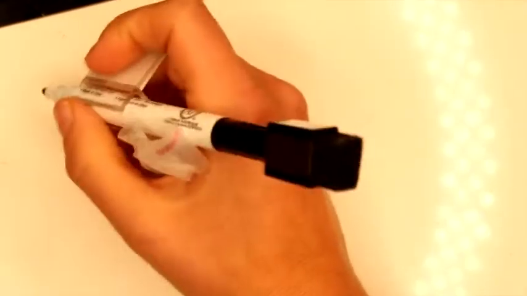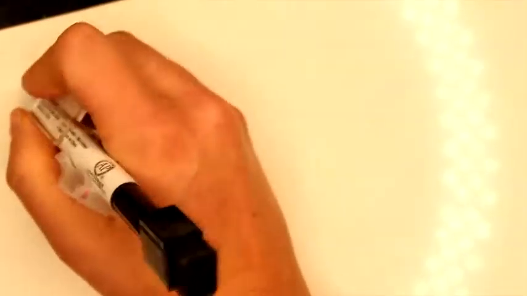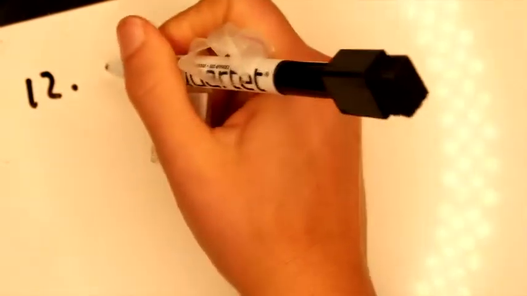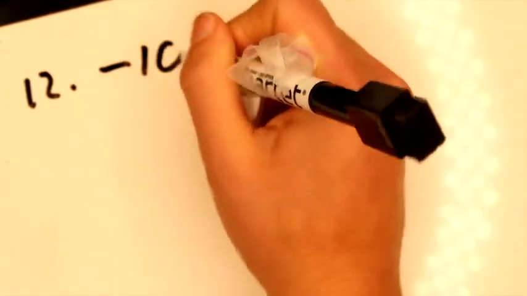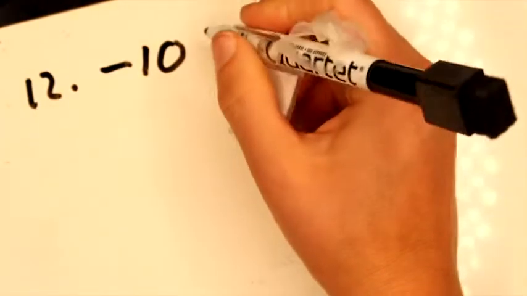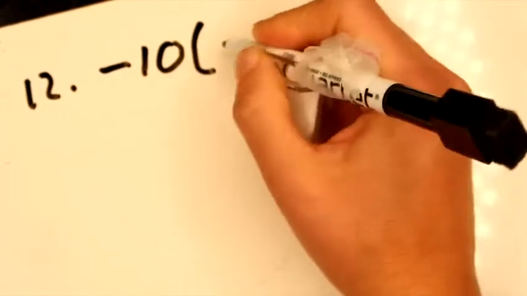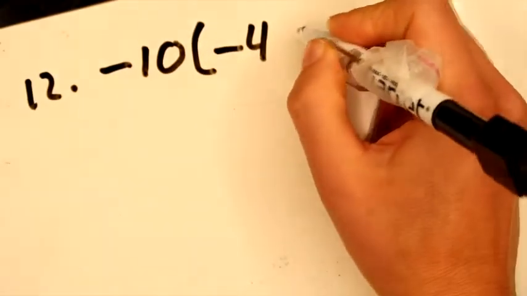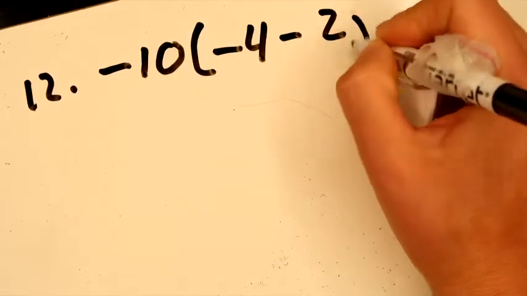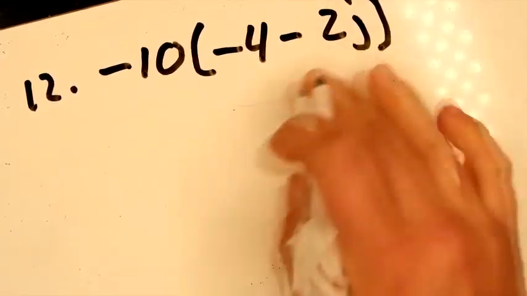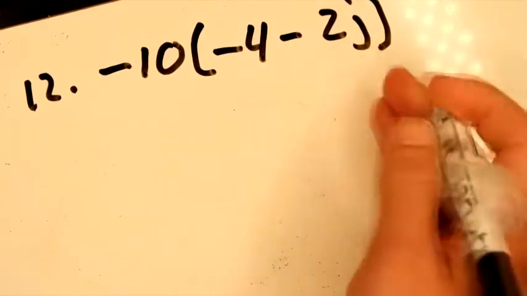Tape. I got tape stuck on my pen. I don't even know how that was possible. We're on number 12. Like I said, we only have a couple more. I have negative 10 times (negative 4 minus 2j). Now all they did is swap the variable.